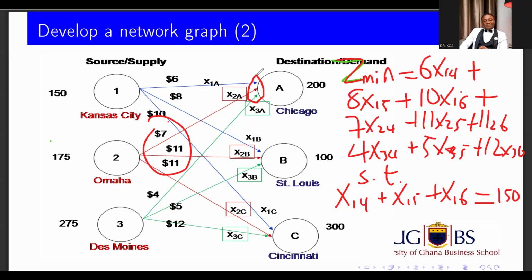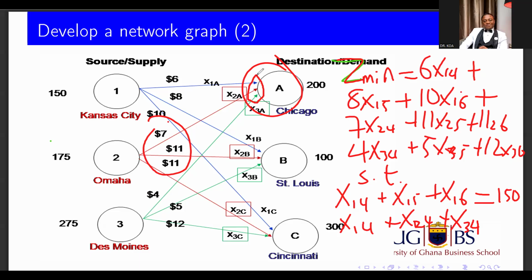Now, Albert, walk me through the next constraint on the right, the top one here. Okay, so that would be x14 plus x24 plus x34. Very good. Then it would be x15 plus x25 plus... No, you are not done with this one. It's equal to... Is equal to 175.